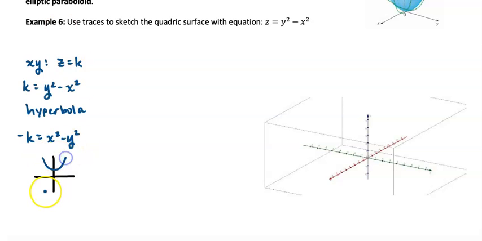So it's going to look something like this when I've got my y and x axis. So let's kind of try to trace this. We've got our z, our y, and our x. And this is going to open up to the positive and negative y-axes. It's going to be this horizontal trace. And so something like this.